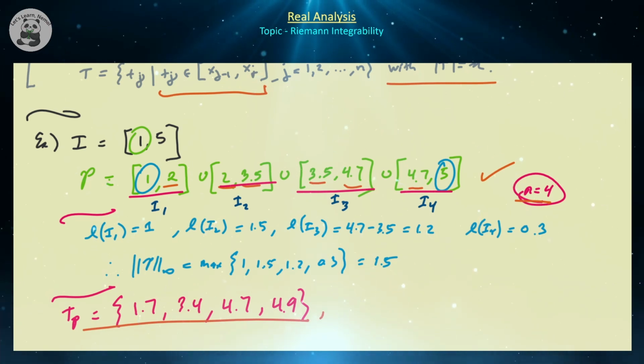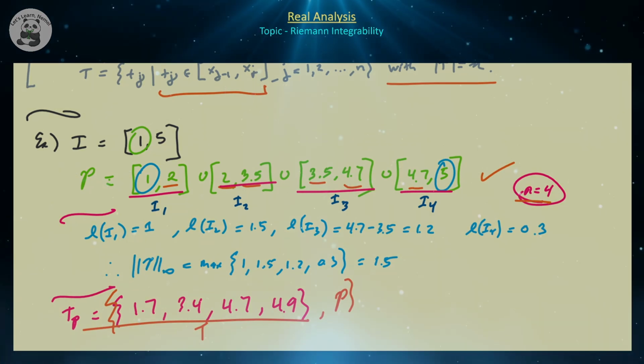And obviously we need to couple that with the partition P. So that's our set of tags T. So that's what we mean in terms of a partition of a closed and bounded interval AB, the norm of that partition, or the infinity norm of that partition, and what we mean by a tagged partition of that interval.